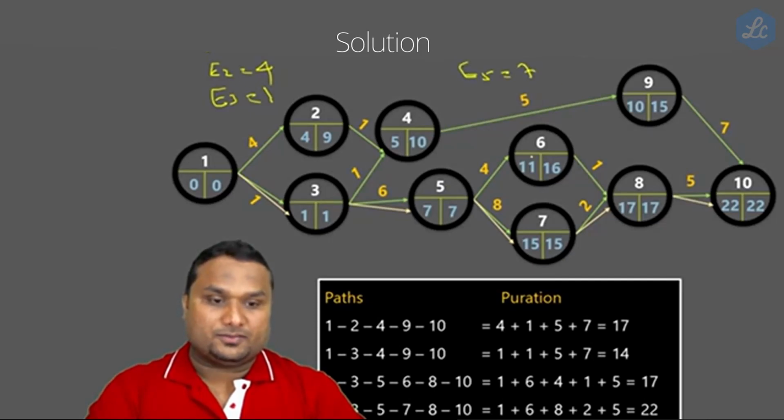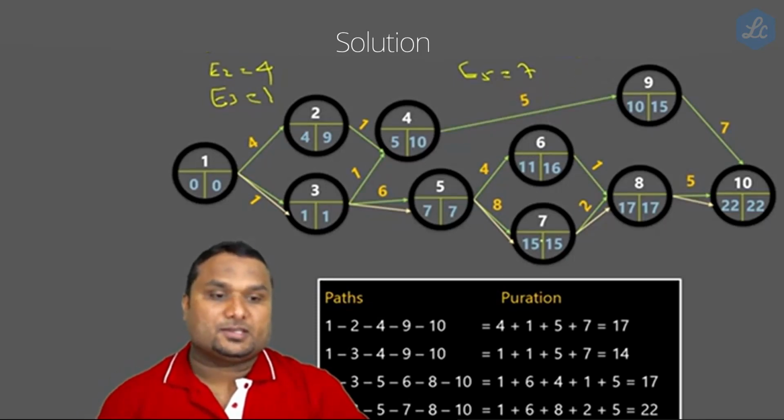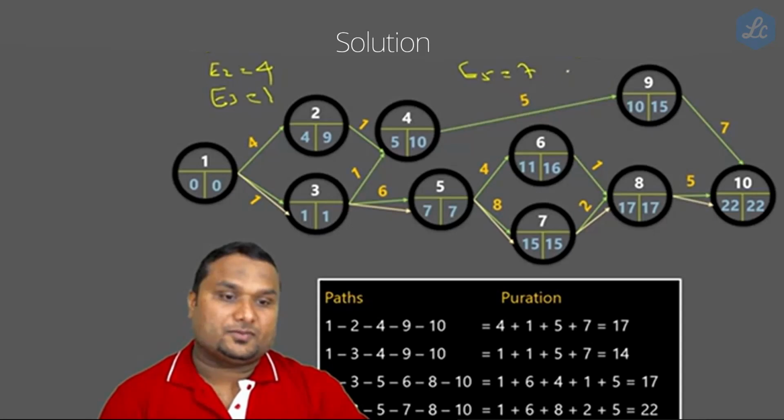E5 equals 7. E6 equals the left side of 6, 11. E7 equals 15. E8 equals 17. E9 equals 10. E10 equals 22.